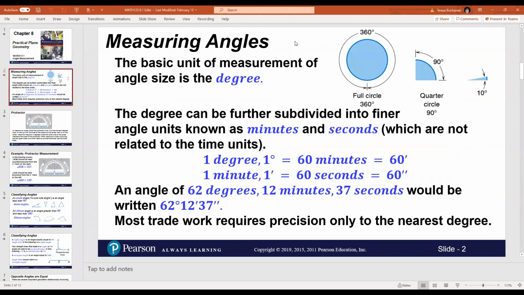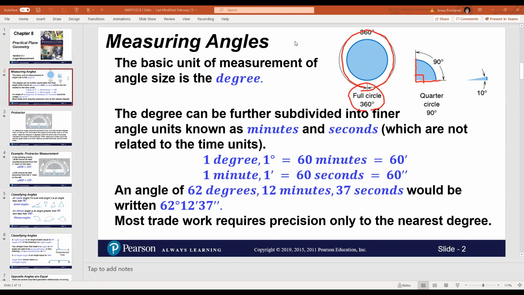Angles are measured by degrees. I think you would probably know that already. You probably are already thinking that a whole circle contains 360 degrees. That makes a quarter circle or a right angle equal to 90 degrees.